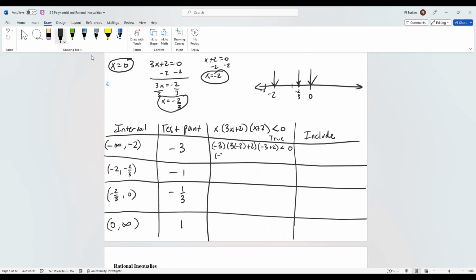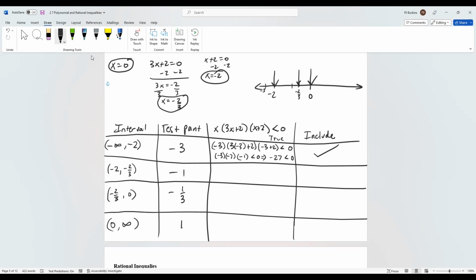So we have -3 times -7 times -1. 3 negatives multiplied together are going to remain negative. So 3 times 7 is 21, and then times a -1. So we have -21, which is indeed less than 0. So if that's true, we include.